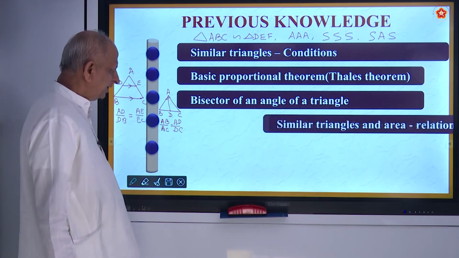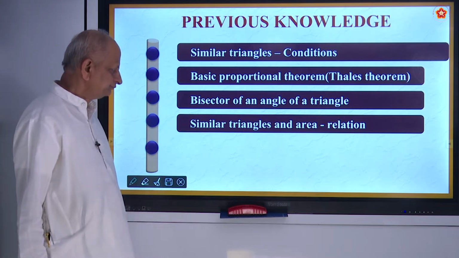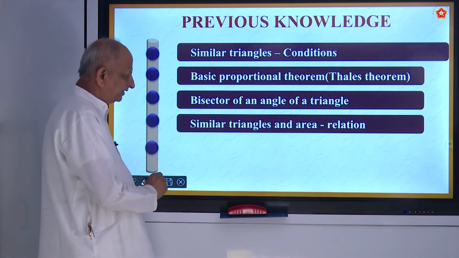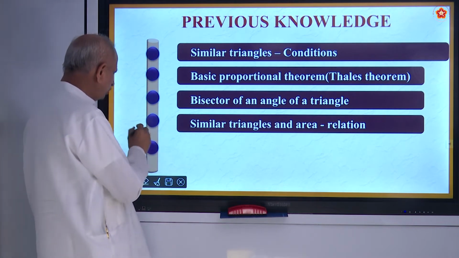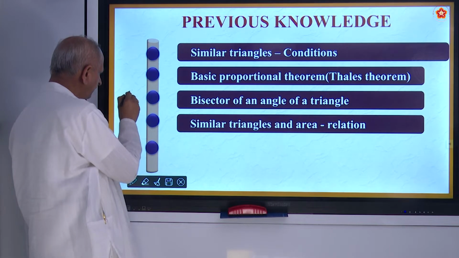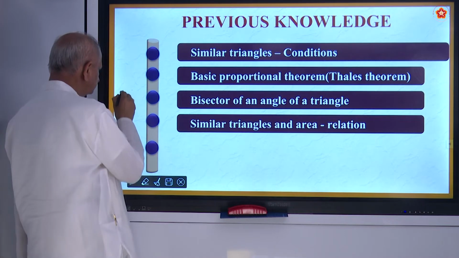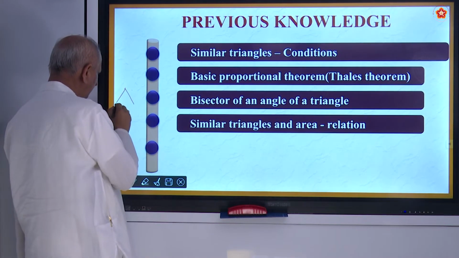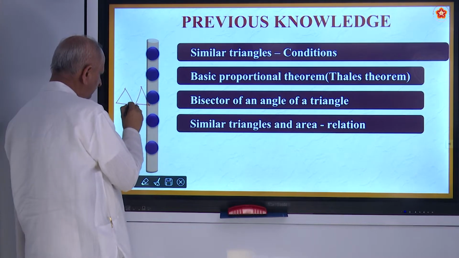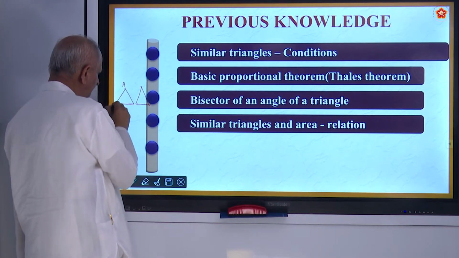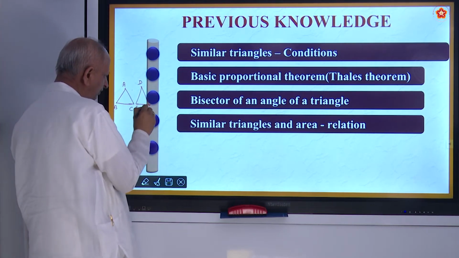And also you have studied about similar triangles and its area. If the two triangles are similar, then the ratio of their areas, suppose you have two triangles, say ABC and DEF, or PQR, whatever you call.